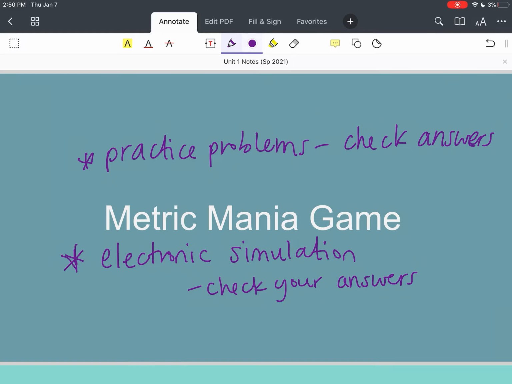And then make sure you check out this electronic simulation. It says it's optional. Okay. If you feel like you need just a little bit extra practice, this is a great way because it will, like I said, check your answer for you. So if you're getting it right, it will tell you. If you're getting it wrong, it will let you know. So that way you can kind of judge how you're doing.